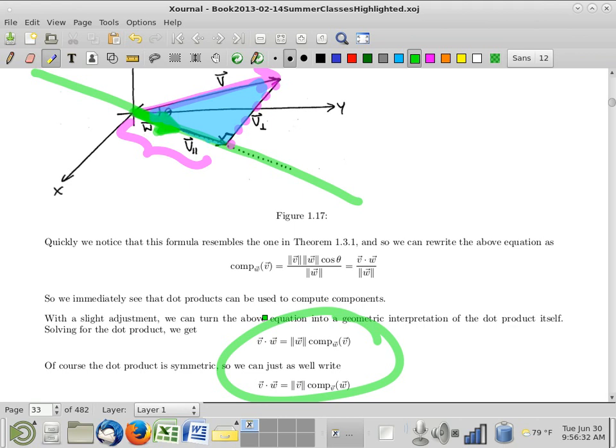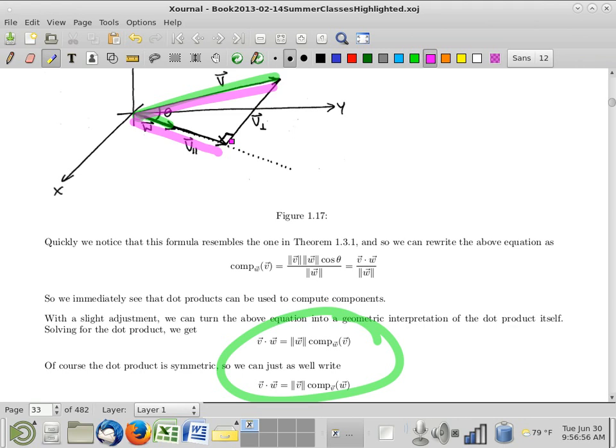So this is a kind of consolation prize, a little picture of what the dot product is. The dot product of these two vectors is the magnitude of V times the component in the W direction.